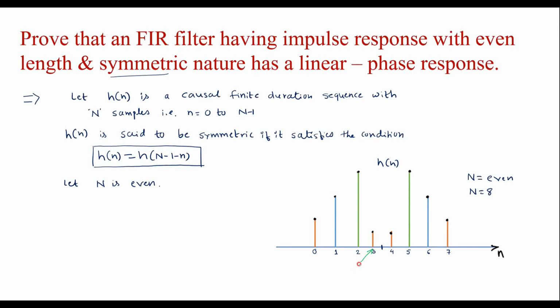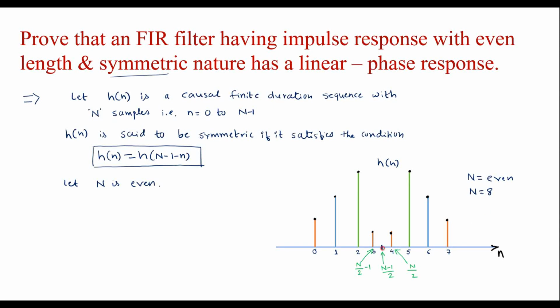If I consider general N, this point will be N by 2 minus 1, this point will be N by 2, and the point of symmetry will be N minus 1 by 2. If we take N equal to 8, N by 2 is 4, minus 1 is 3. So it is verified.